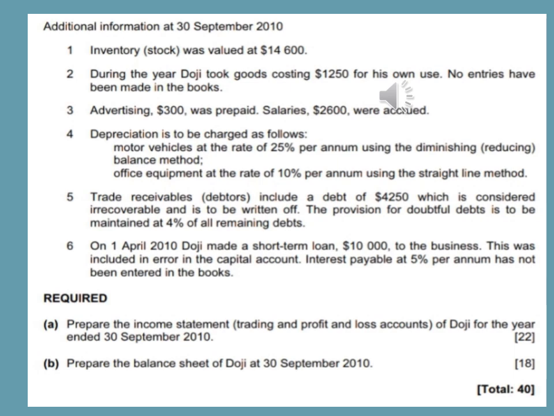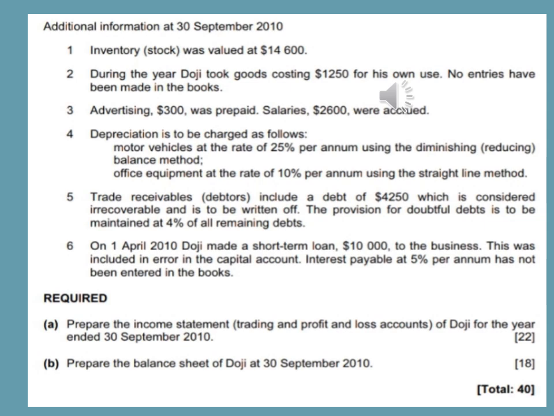We used to debit income statement, and we credited provision for doubtful debts, creating a provision. Similarly, over here we will debit the income statement and we will create a provision for doubtful debts.